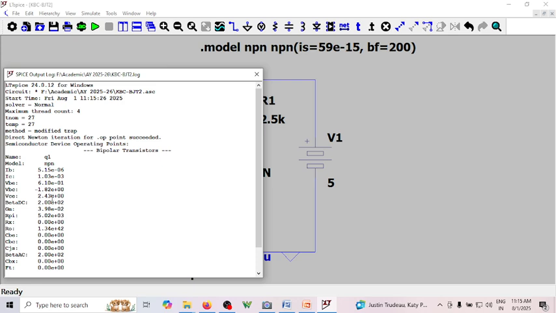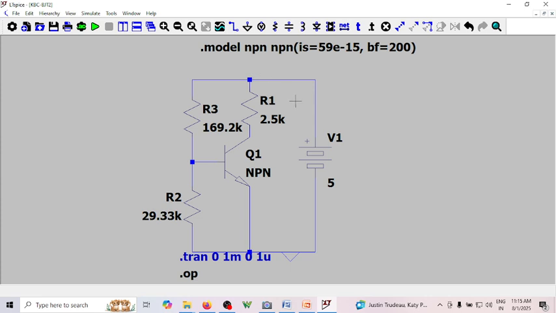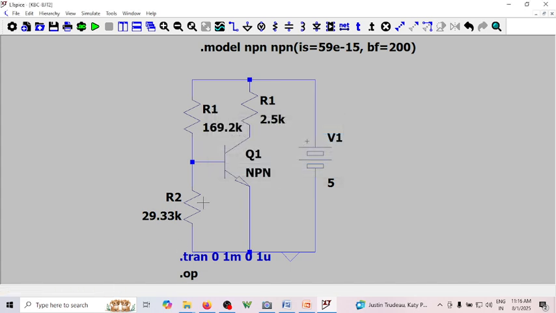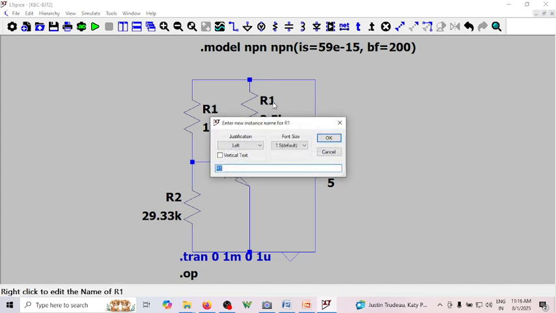Can you see a VC of almost 2.43 volts, which is the expected value? Meaning, this is the exact design if you are using 2.5 kilo ohm. Let me change that label, otherwise you'll get confused. So this is R1, actually R2, and this is actually RC.